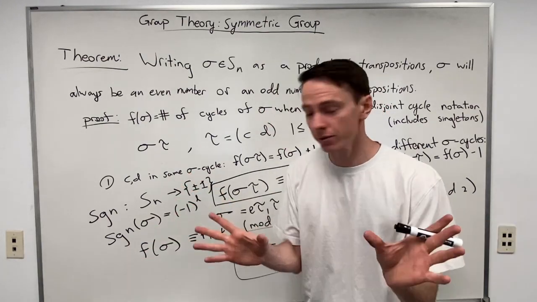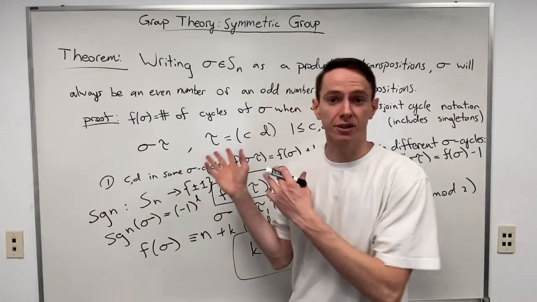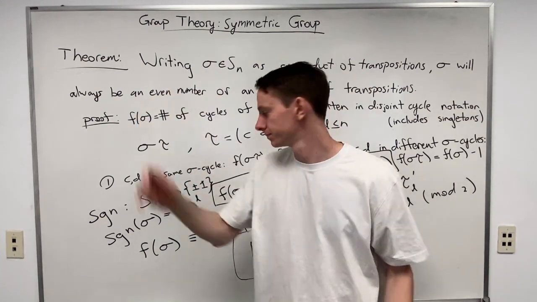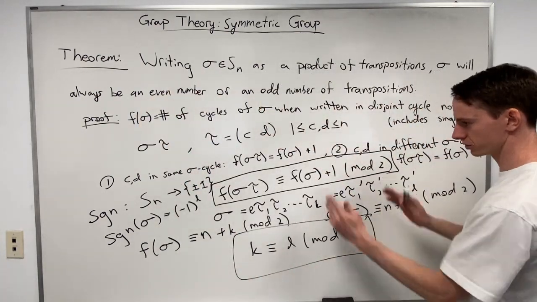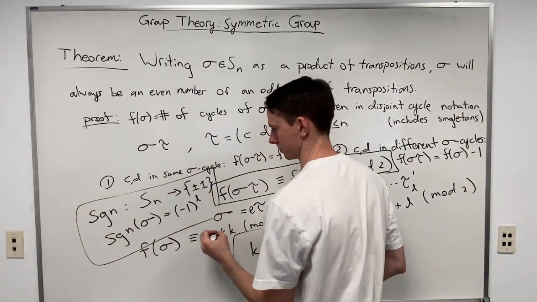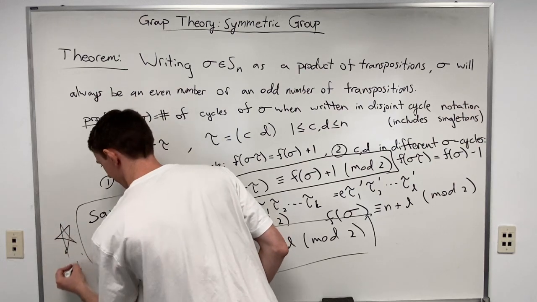How do we write it out as a product of 2 cycles? We just showed it doesn't matter. So here's how you can tell the sign of any permutation. And that was the result, so maybe I'll put a star and a happy face.